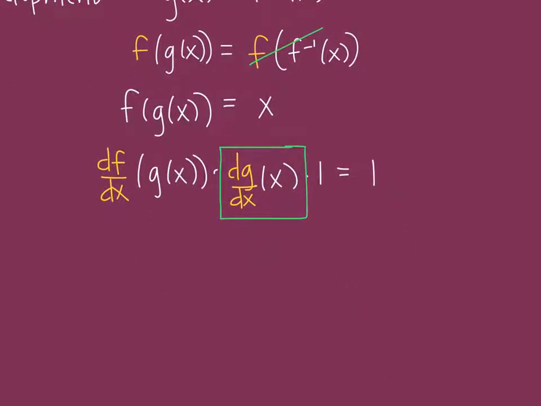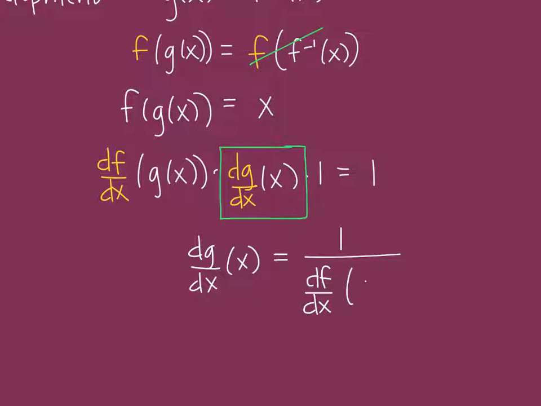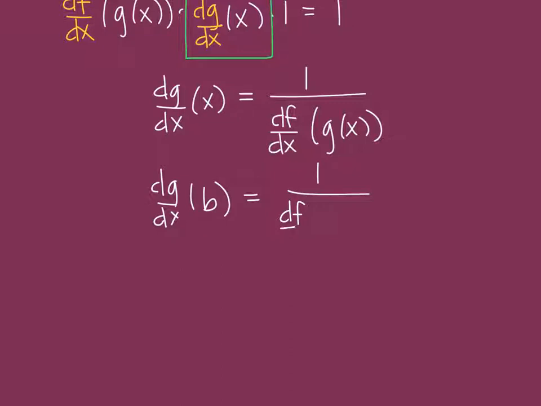In order to isolate that, dg dx at a particular value of x is going to be 1 divided by df dx at a particular value of g. We just use division on both sides. And the particular value that we want is when x is b. So dg dx at the b value is going to be 1 over df dx at the particular b value.